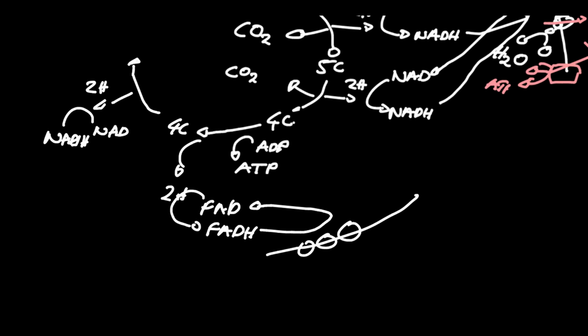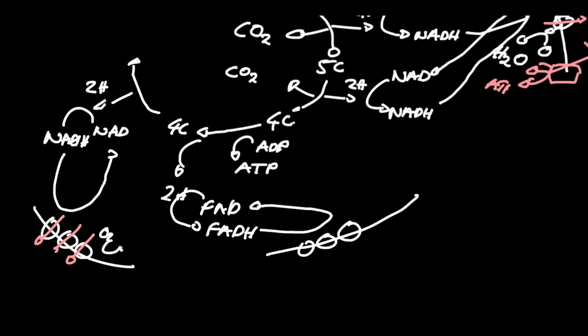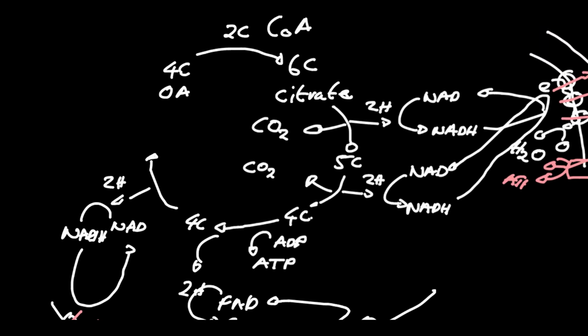That NADH again goes to the electron transport chain, delivers its electrons, pushes protons across the membrane, and at the end of it the electrons join with oxygen to produce water, and then the protons flow out through ATP synthase, producing more ATP. Finally, the 4-carbon compound gets turned back into oxaloacetate.